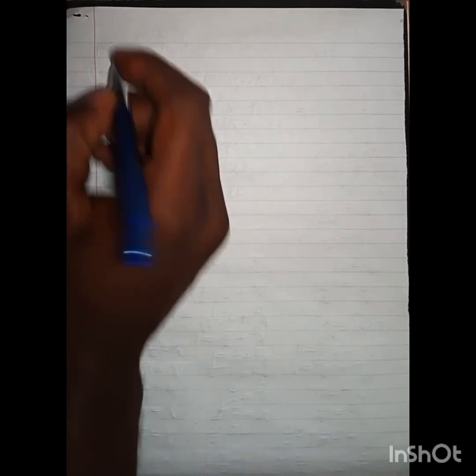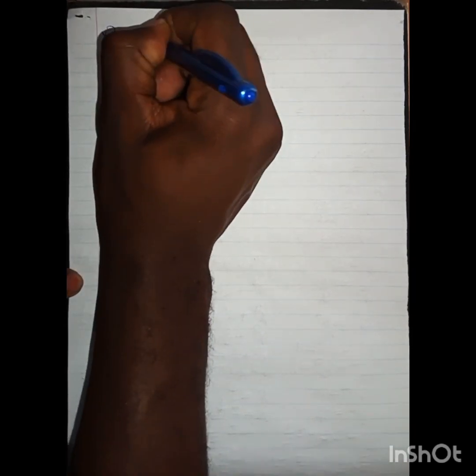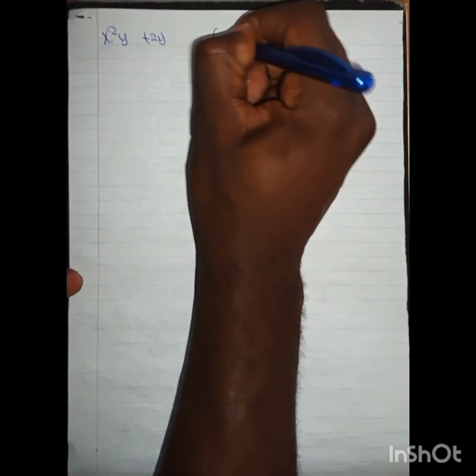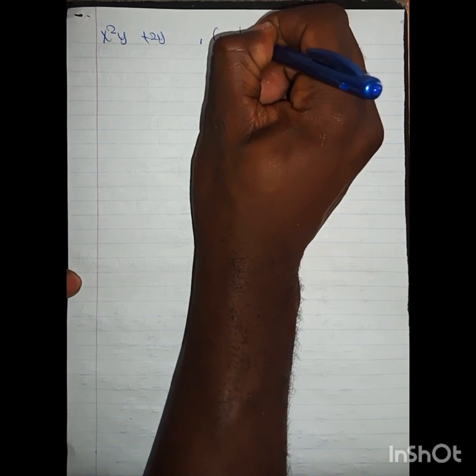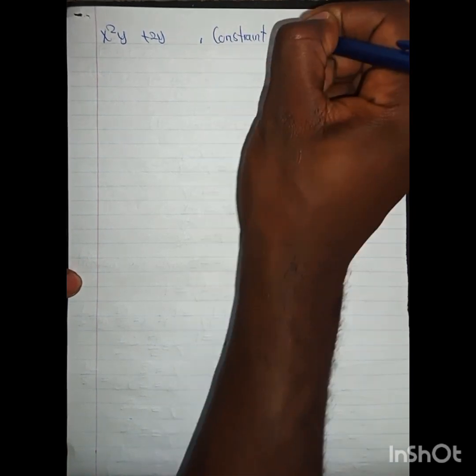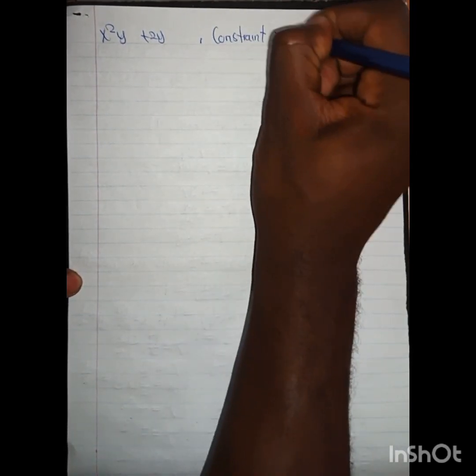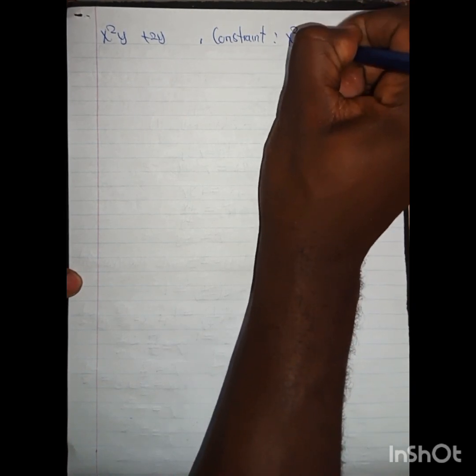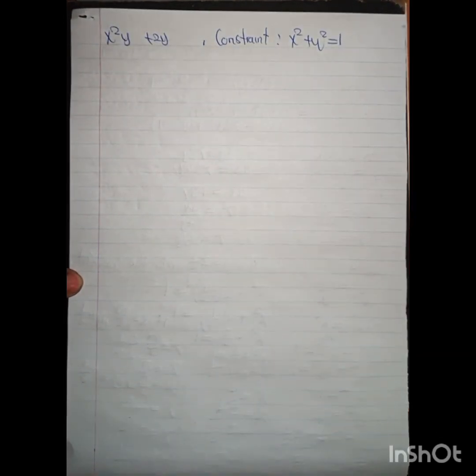And then we can also look at the following example for the sake of practice. Let me say we are given x squared y plus 2y, and the constraint is x squared plus y squared equal to 1. We want to find the maximum and the minimum values.